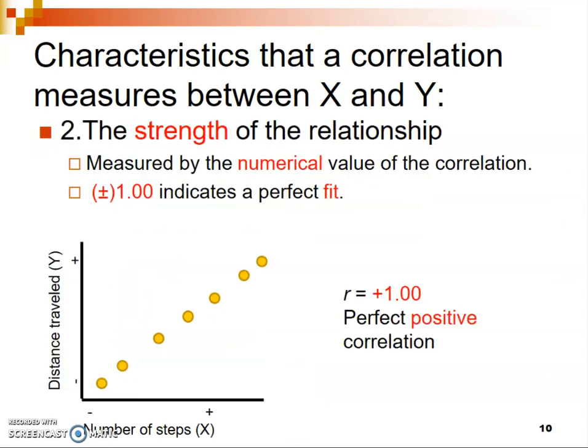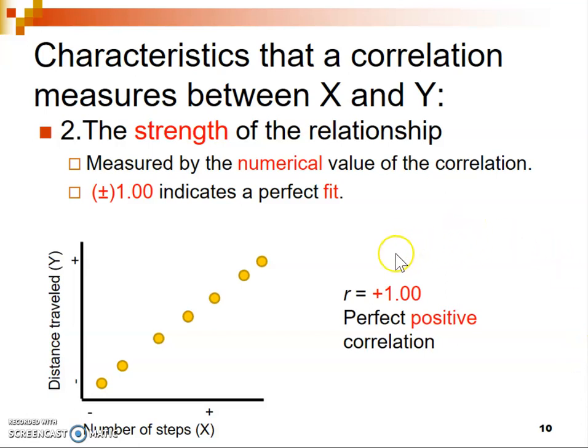Another bit of information that's contained within a correlation is going to tell you about the strength of the relationship. The strength of the relationship is the actual number involved in the correlation. So these data are an example of a correlation of +1.